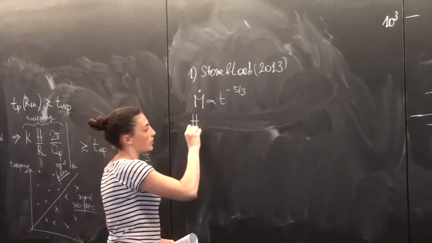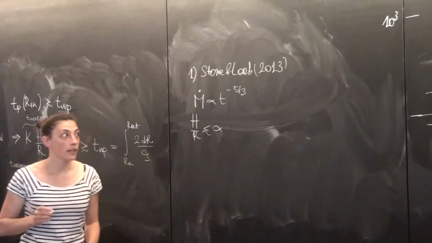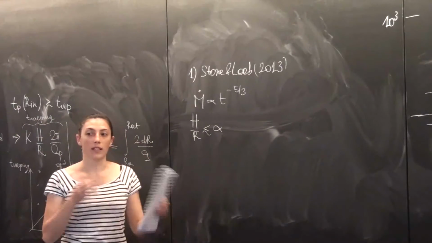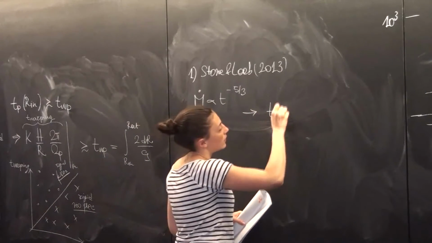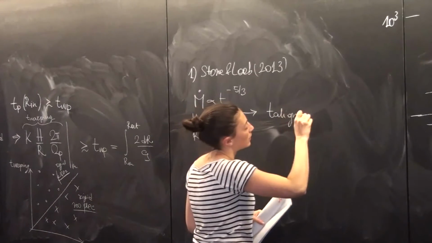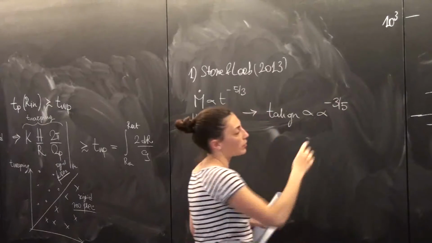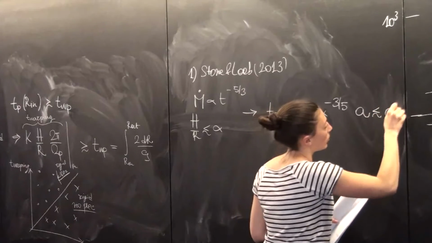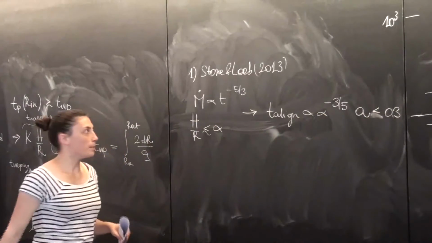So it enters the regime in which h over r is smaller than alpha, and in this regime the viscosity will dissipate the warps before it can rigidly precess. So here the alignment is proportional to alpha to the minus 3/5, and we found that this is what occurs for spin value below 0.3, so for very low spin value.